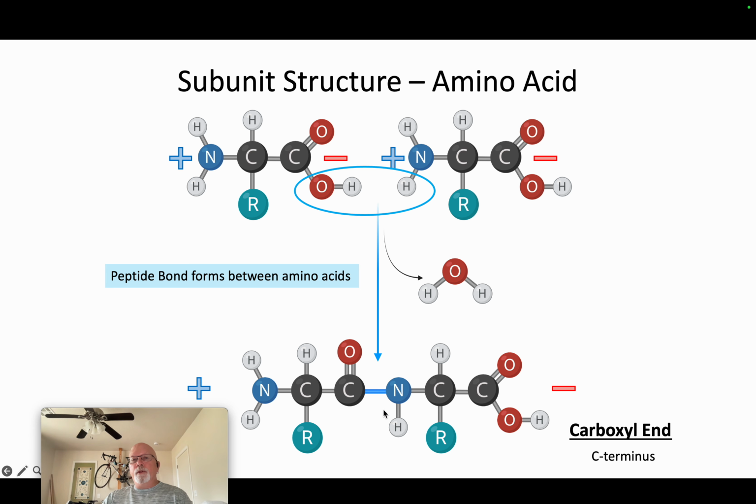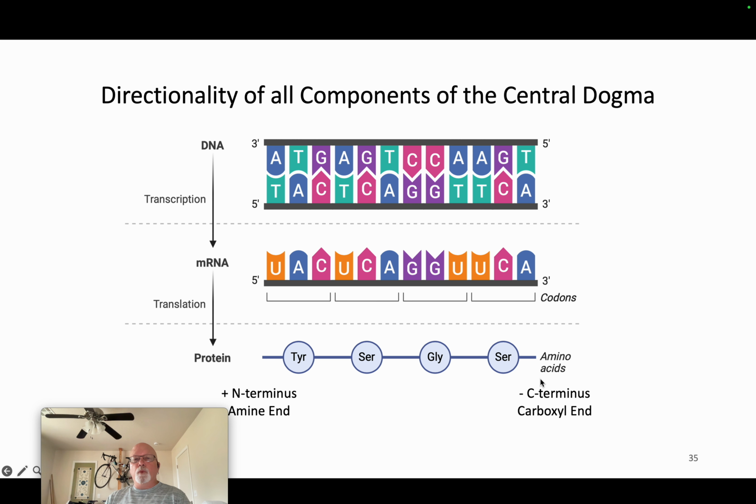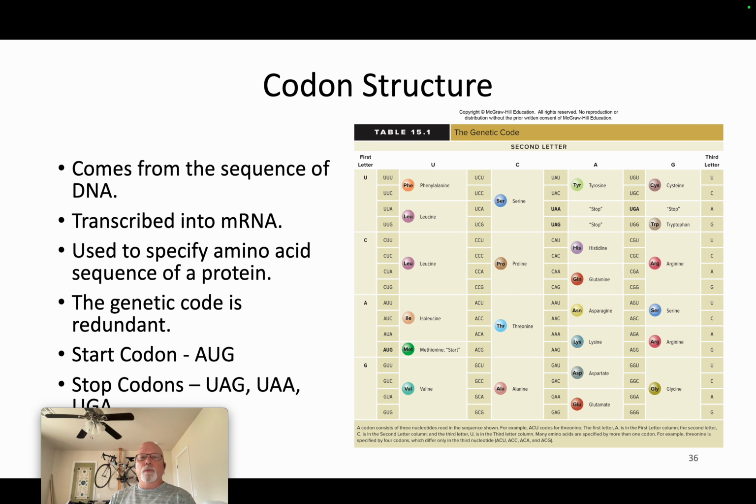So we've added the nitrogen, the amine portion of one amino acid, to the carboxyl portion of another amino acid. So we're adding amino acids to this end as we build this. And so there is directionality in the same way that there is directionality in a DNA and RNA molecule.